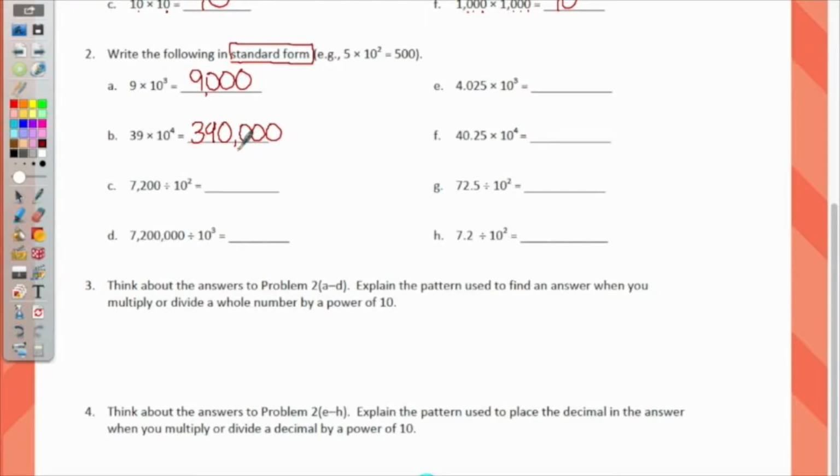So instead of adding zeros to the end, what do I do? I take them off. Anything divided by 10, take a 0 off the end. Okay, how many zeros do I take off the end? 2. So it's 72. The other one, I need help. So if you take 3 zeros off the end, why did I take 3 zeros off the end?